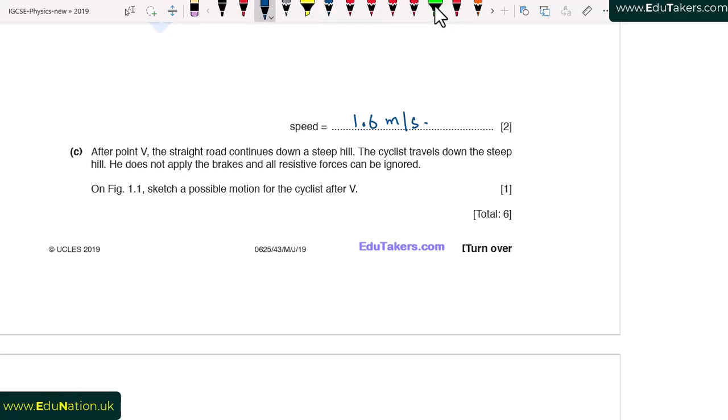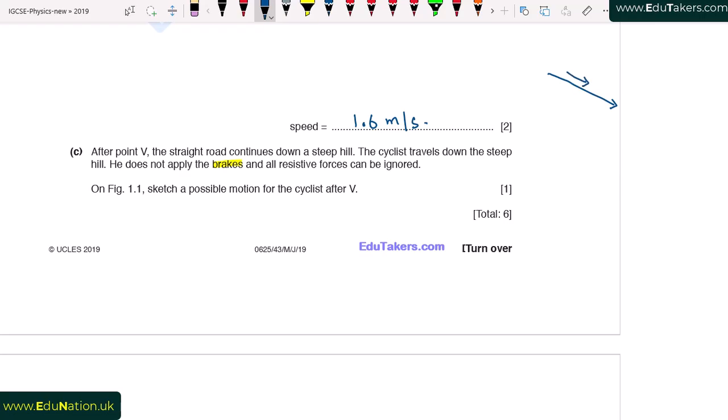So here he does not apply the brakes. It means that he does not come to the rest position. When he is going down a steep hill, his height goes on decreasing. I suppose that it's a steep hill and he's moving in this direction.